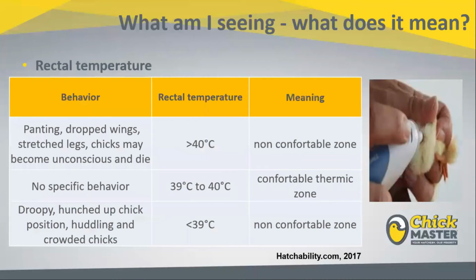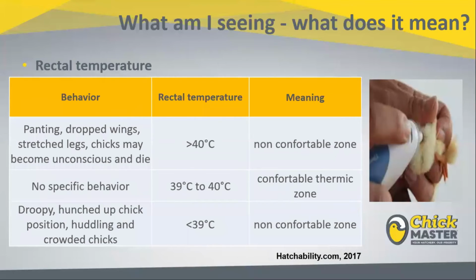Concerning the rectal temperature, if we have panting chicks with dropped wings and stretched legs, and if we arrive to see chicks that may become unconscious or die, in this case our chicks are out of their comfortable zone, and most probably their rectal temperature is higher than 40 degrees Celsius.